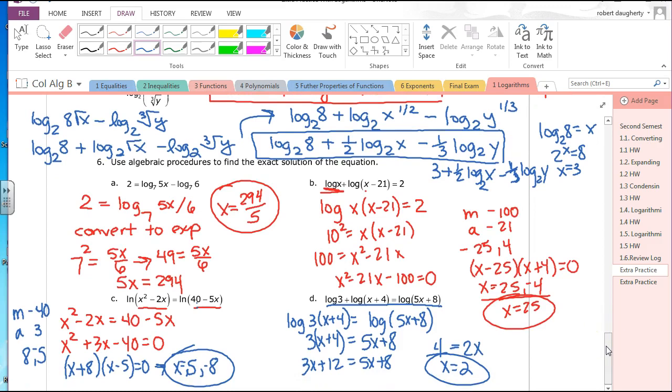These come in two flavors, logs on one side or logs on both sides. The only thing that's not in this review, the Richter scale, those things we did in 1.5, and taking the log of both sides with your TI. But anyway, this is a good extra set of problems to push you a little bit for the logarithm section.